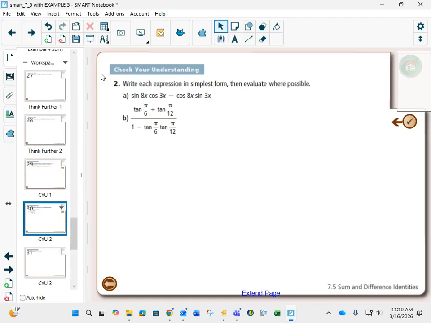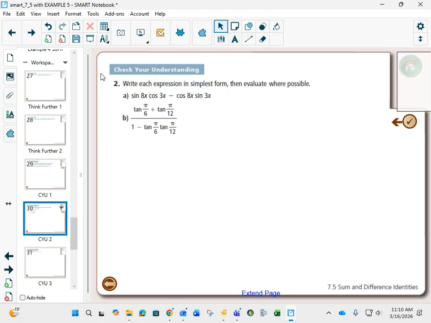Oh, and also you have on page 638 the formulas for tan. So you've got 6 new formulas. Sine alpha minus beta, sine alpha plus beta. Cos alpha minus beta, cos alpha plus beta. Tan alpha minus beta, and tan alpha plus beta. And they are all on your formula sheet.